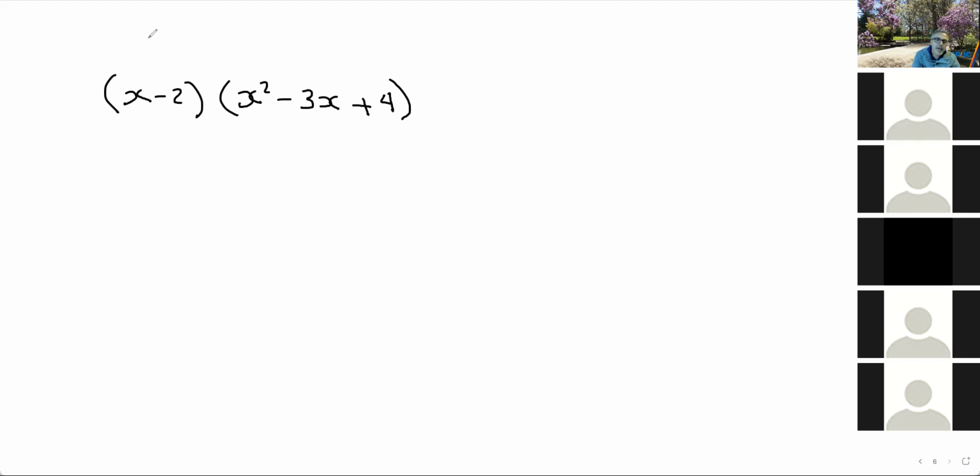So now this is a binomial and this is a trinomial. Binomial means it's 2 terms, trinomial is 3 terms. Is this harder? Is this any different from what we've done so far?